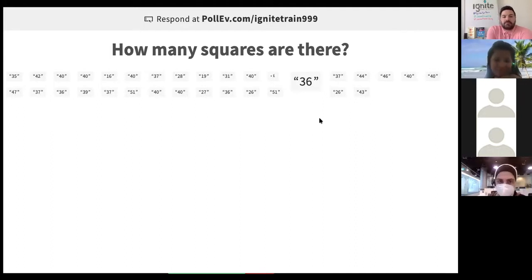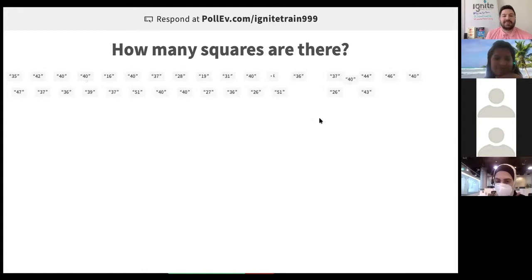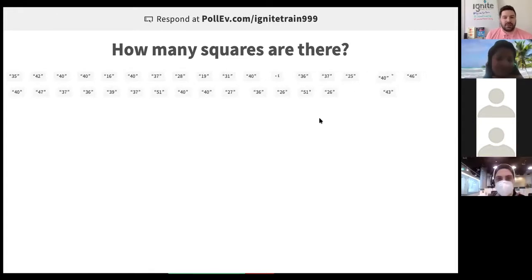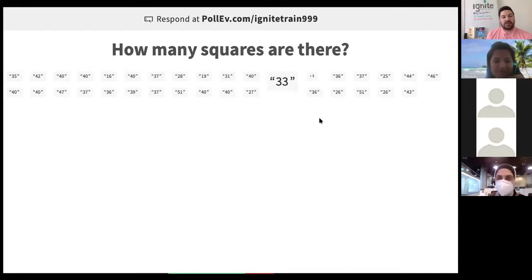Then I had one member who had more than me, so I asked her, how did you see that? So I took her perspective and recounted to see how she saw more numbers. And then we tried to look at it from all different angles to see all the different squares.